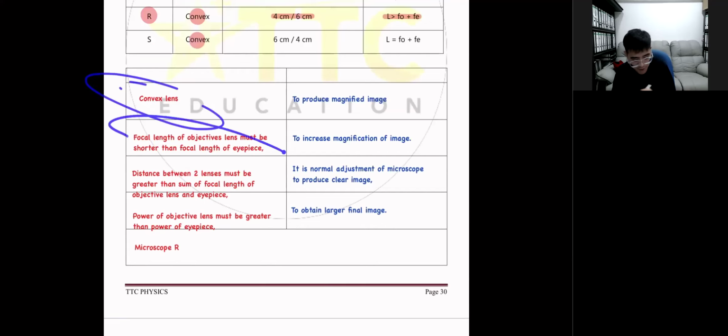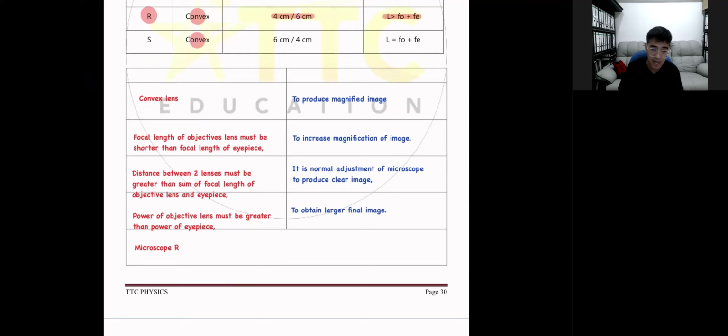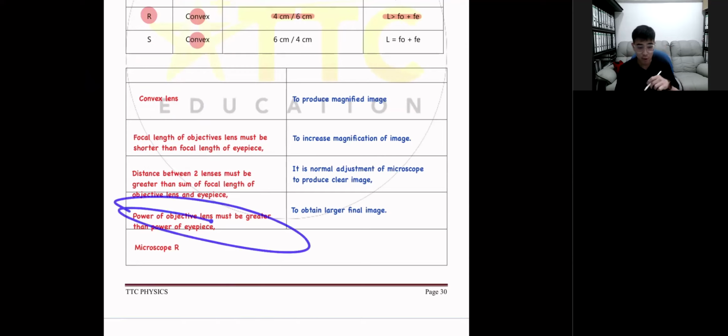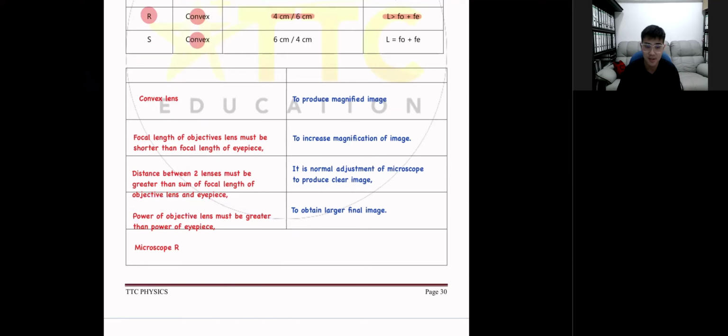Then the focal length of the objective lens is shorter than the focal length of the eyepiece in microscope R. And also because the distance between the 2 lenses in microscope R must be greater than the sum of the focal lengths of the objective lens and the eyepiece. And then lastly, in microscope R, because the power of the objective lens is greater than the power of the eyepiece. So that's all the reasons why you choose microscope R. Repeat everything again to get the final mark.